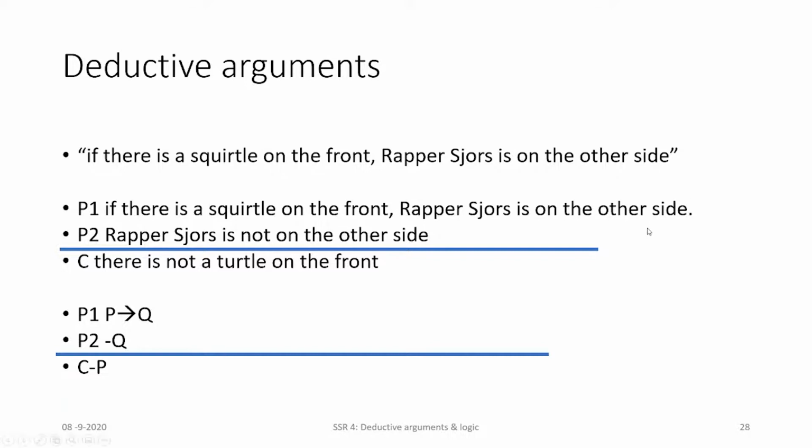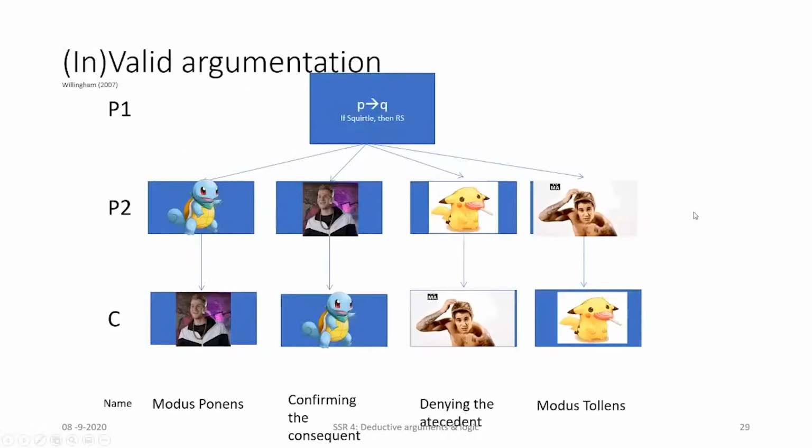All right. So you could summarize that reasoning that brought us to which cards we need to check as the following. We know that if P then Q holds, then if we see a Squirtle, Rapper Source needs to be on the other side, and if the rapper is not on the other side, Squirtle can't be on the front side as well. And that's the only two logical implications of the rule being true.